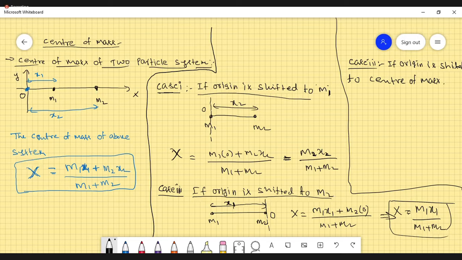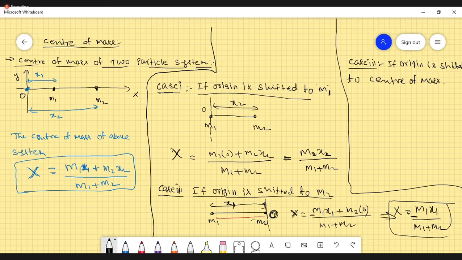Because, listen here, in case 2, if you observe, x1 is minus x1 or plus x1? Minus x1, na? Yes, x1 is minus x1. This is the origin, and we are measuring the distance from the negative x-axis, therefore it will be minus m1 x1 by m1 plus m2.